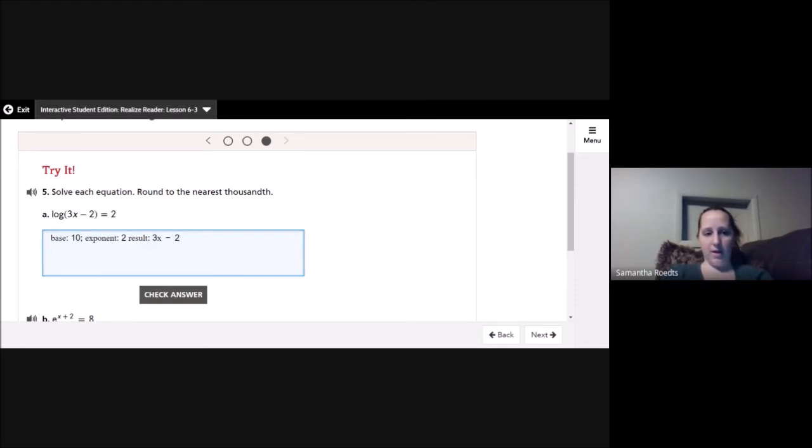So I can rewrite this as 10 squared equals 3x minus 2. Well, this gives me 100 equals 3x minus 2. I add 2 to both sides, so 102 equals 3x, and then divide by 3, which gives me x equals 34.